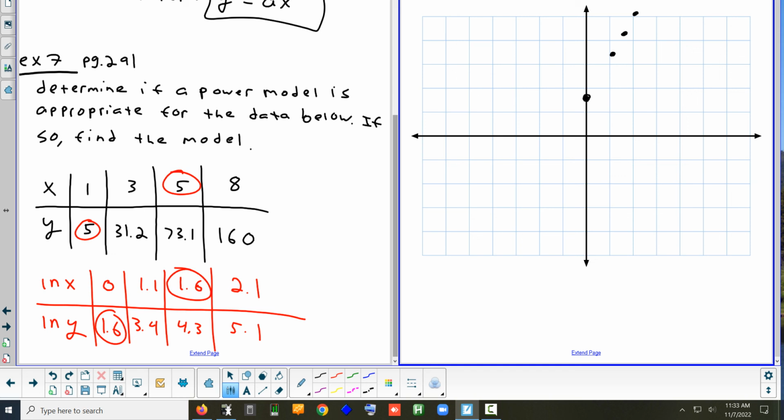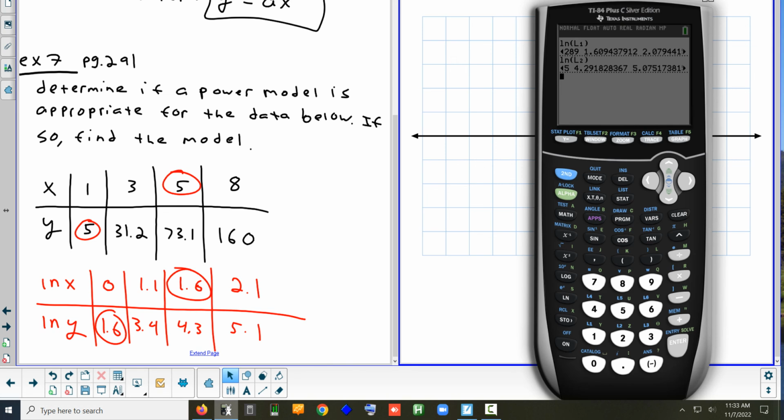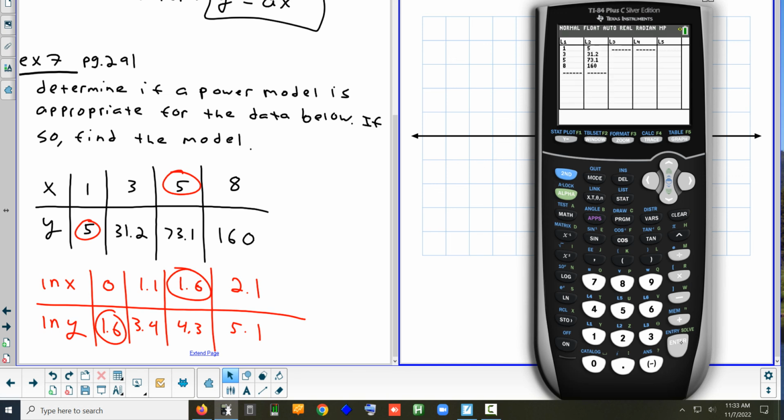Okay, so because we already put all the data in when we were doing the LNs, that's one step we can skip right now. The data's already there. So keep that data there. Go to Stat, Calc, and which option did I say to pick?